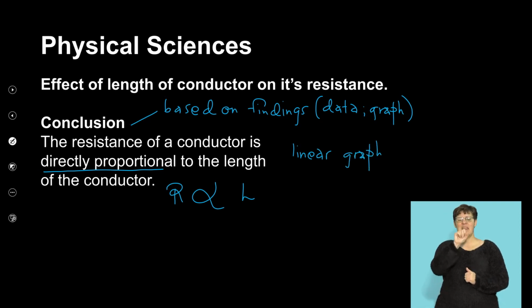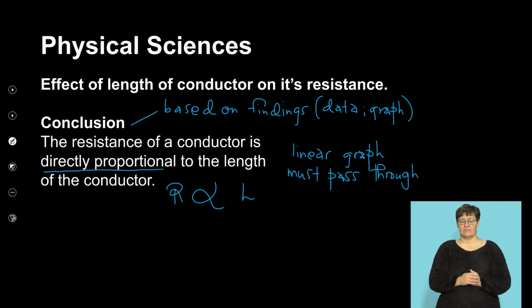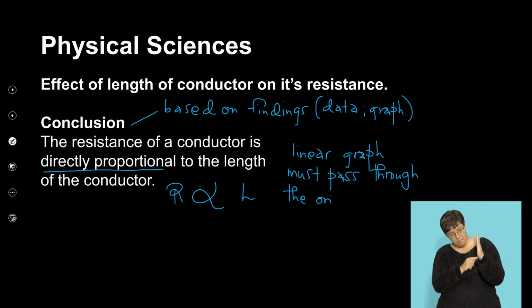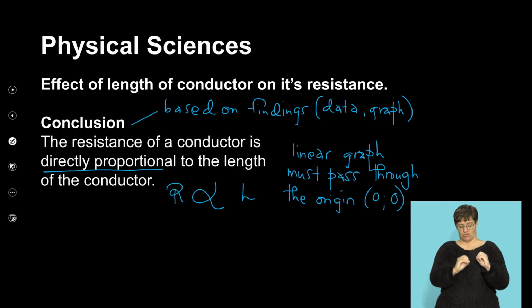Linear means straight line, okay? So if we extrapolate it, it should pass through the origin, the origin whose coordinates are 0, 0. That's what is very important in that case.